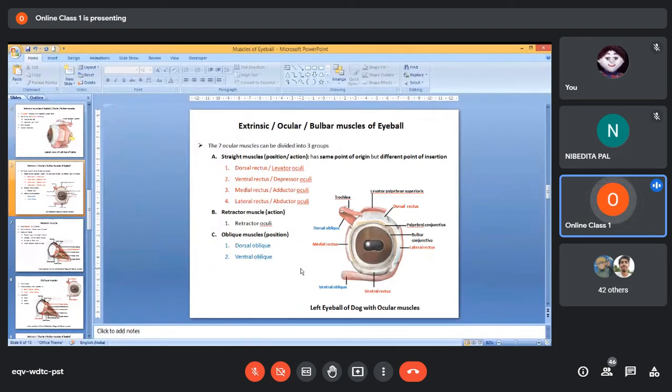In addition, all these straight muscles have the same point of origin. That means they arise from a single point, and from there they diverge out and get inserted in the respective part of the eyeball.